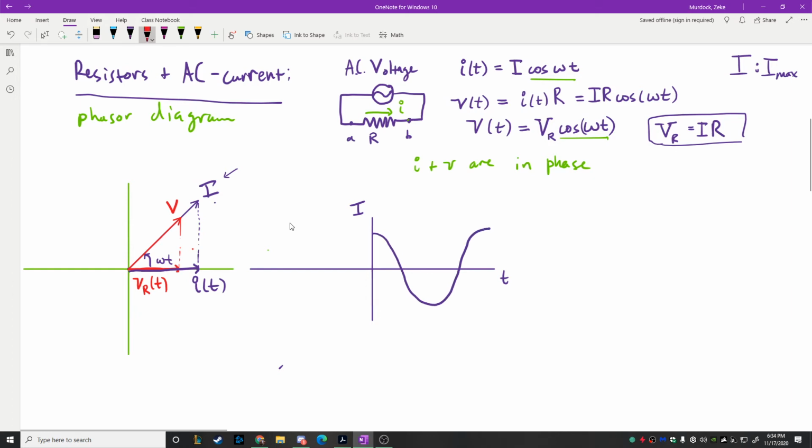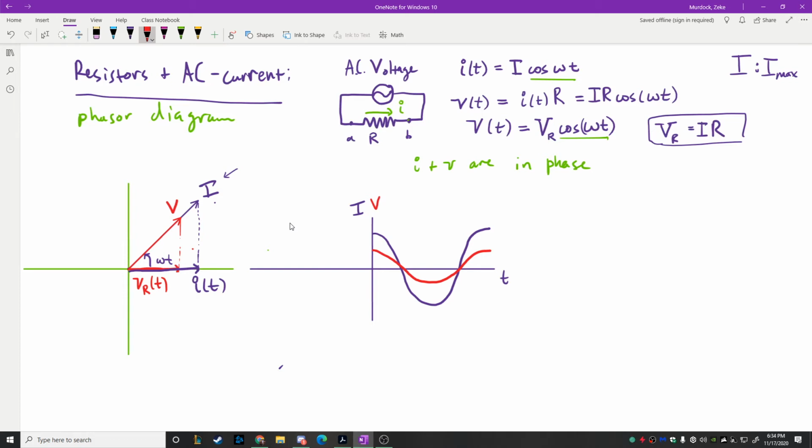And if I want to plot my voltage on the same graph, also as a function of time, it is going to be like this, also a cosine function that is completely and totally in phase with the other one. Okay. All right. Applied voltage and the current are in phase.